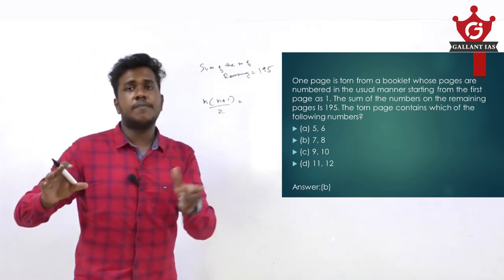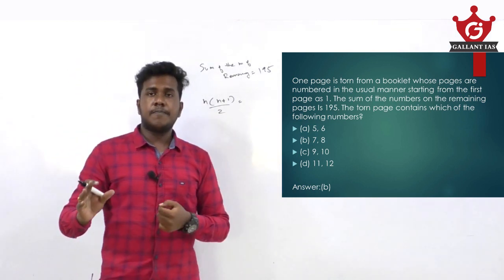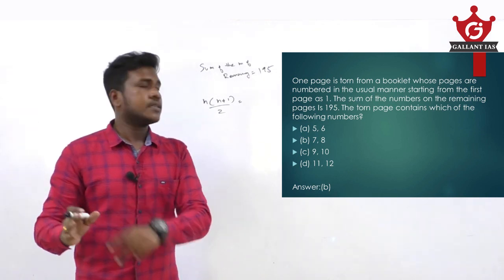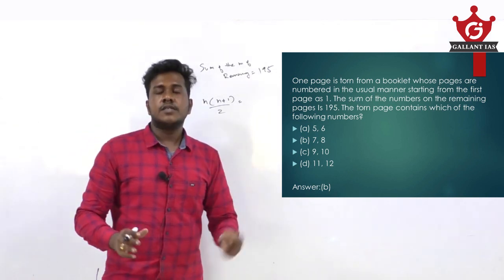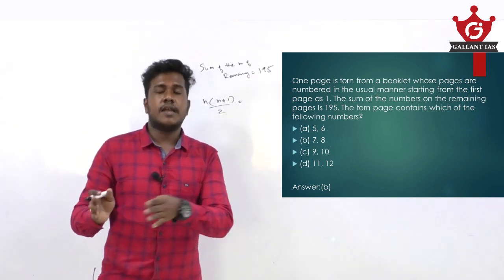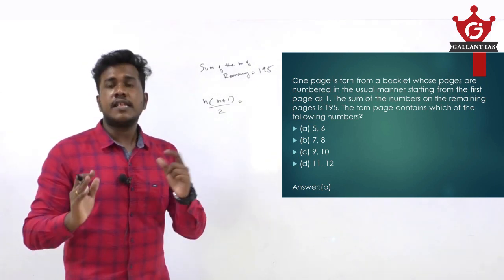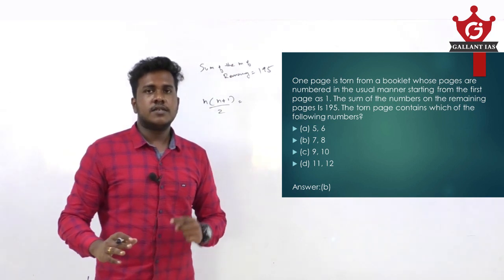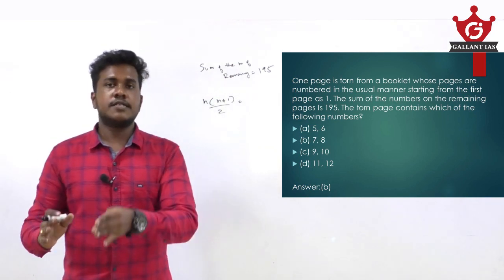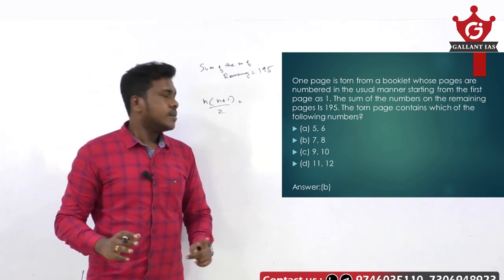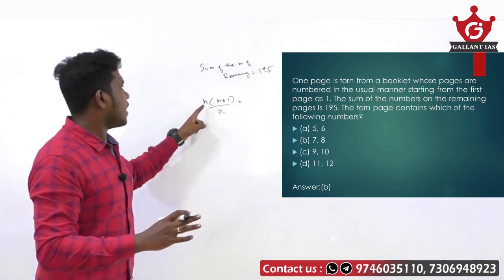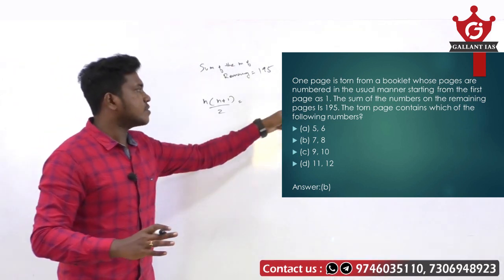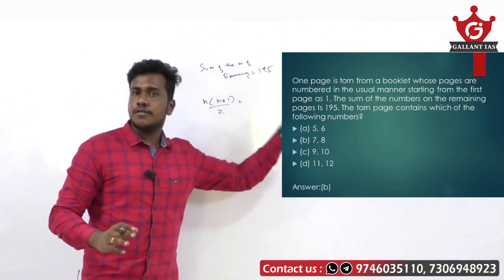Actually the sum of all the pages is a certain value. When one paper is torn out, you are losing 2 pages, so the sum reduces to 195. So the real sum, without tearing out the paper, is greater than and nearby the value 195. So we need to substitute the value for n in such a way that the value is greater as well as nearer to 195.